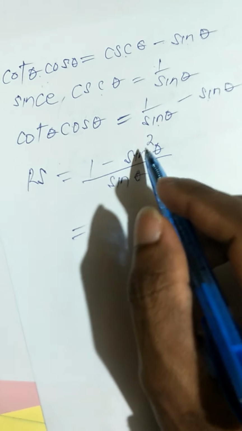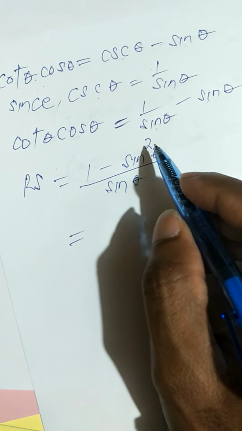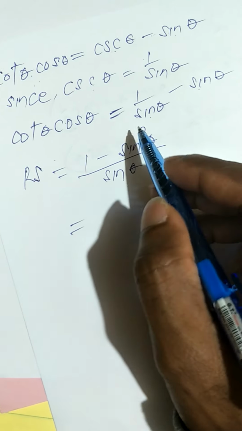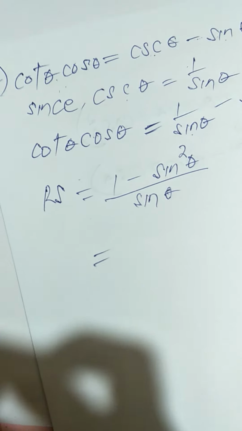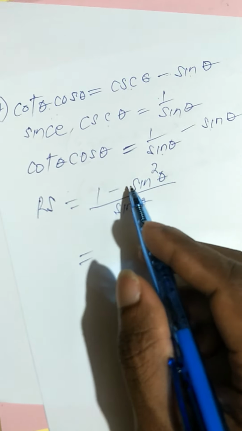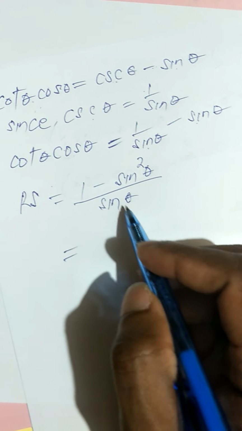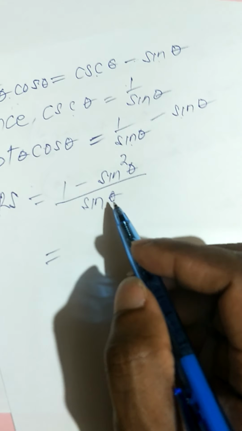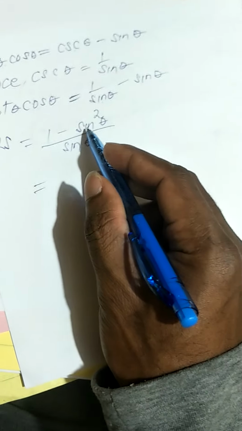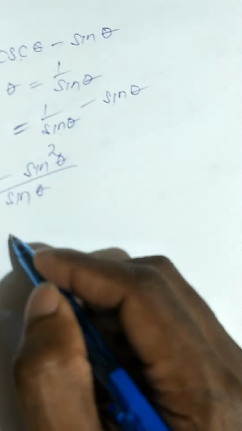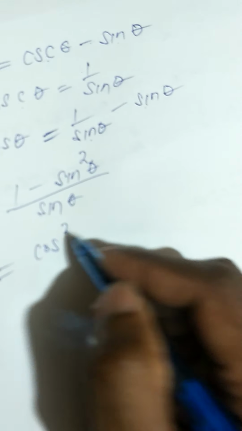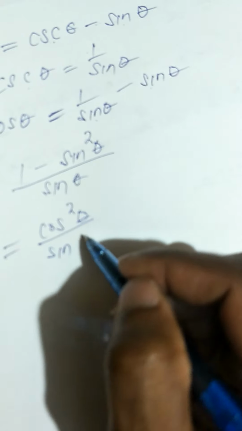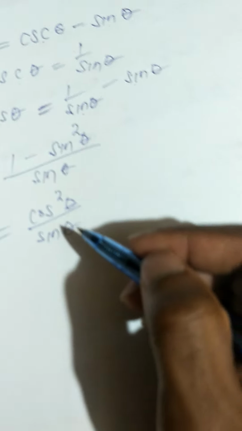So this is 1 minus sine theta squared all over sine theta. If I apply the relationship of this one, it becomes cosine squared theta all over sine theta.